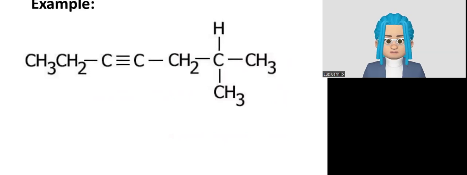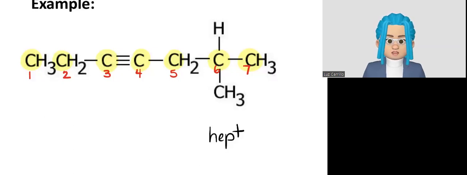Here we have an alkyne. In this molecule, we have 1, 2, 3, 4, 5, 6, 7 carbons. I have to number this starting from the end that is closest to the carbon-carbon triple bond. So my parent chain, since it has 7 carbons, means that hept- is my prefix for the 7 carbons.